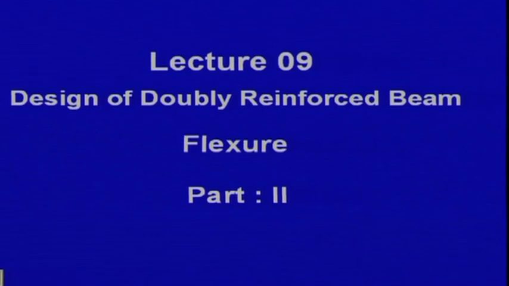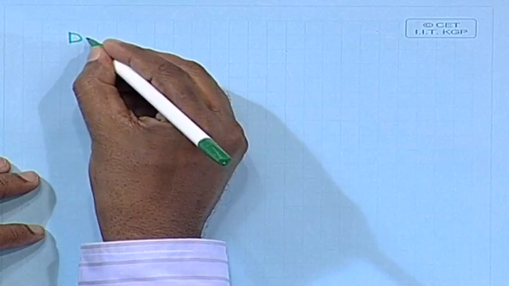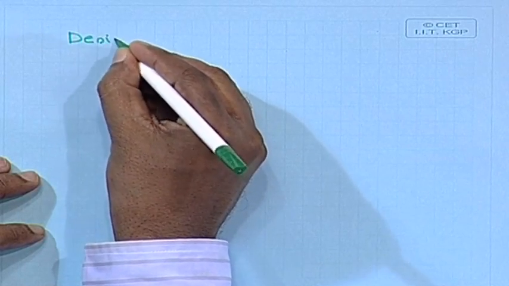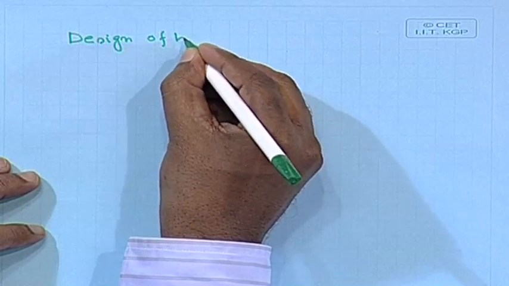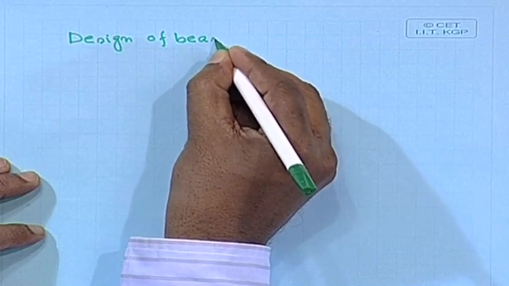Let me continue part 2 of the design of doubly reinforced beam. Let us check the procedure of design of beam. The last time we have done the analysis.